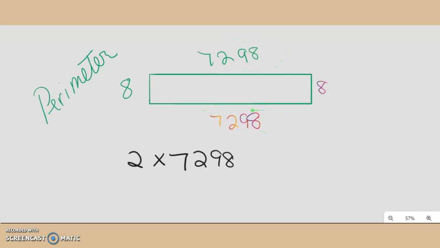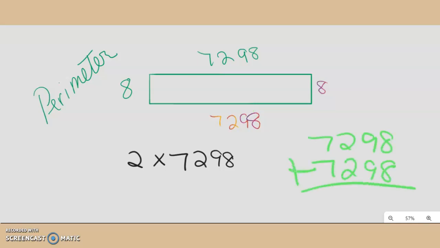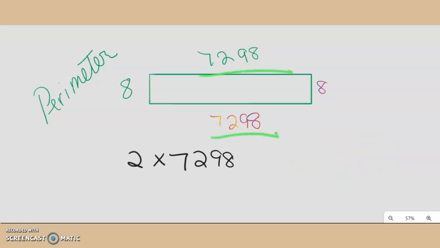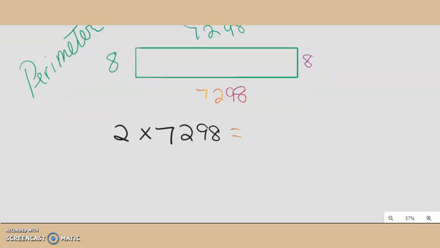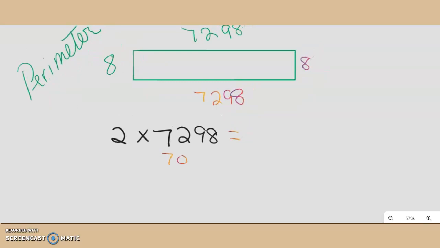And instead of writing 7,298 plus 7,298, which you can do, and add them together, in the end it's really two groups of 7,298. Then you can do 7,298, and then you multiply that times 2.